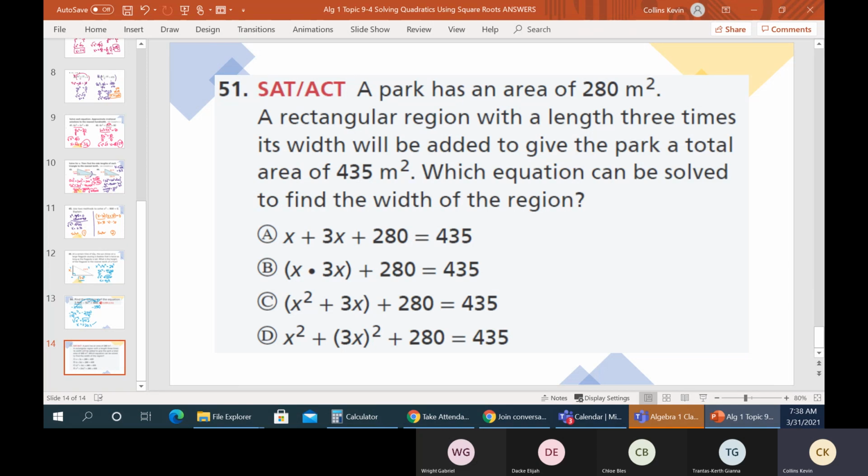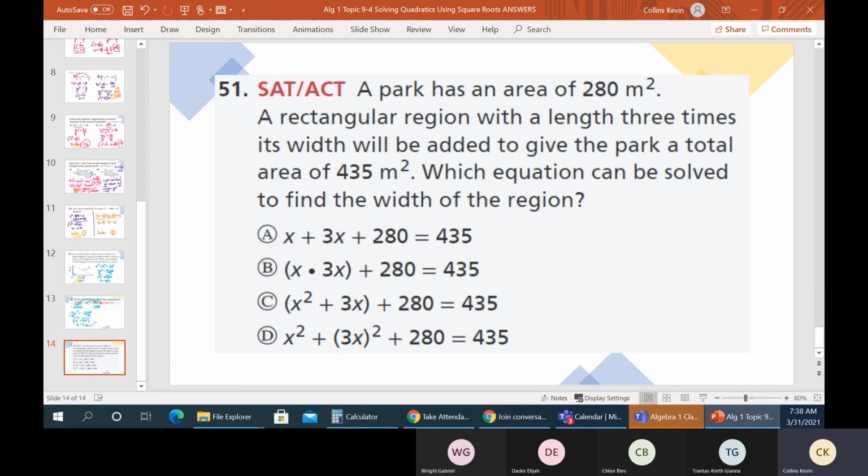A rectangular region with a length 3 times its width will be added to the park to give a total area of 435 square meters. So it says which equation can be solved to find the width of the region.